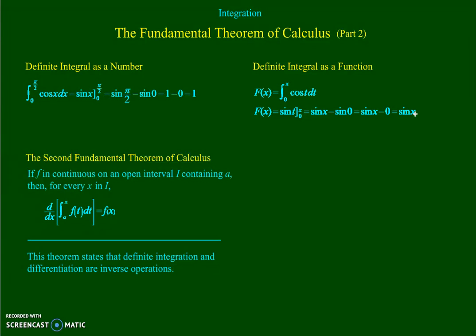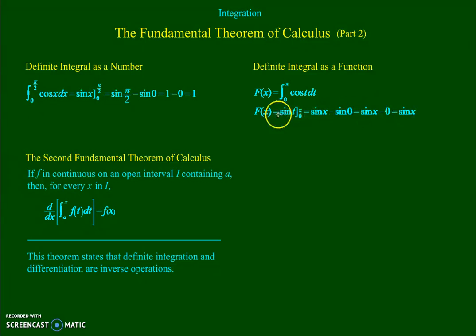Now you'll notice that a very important thing happens here, that the result of our definite integral is in fact a function. It's not a number. And if we were to take the derivative of that function, we would actually get the integrand of our original expression, with the only difference being the variables have changed.